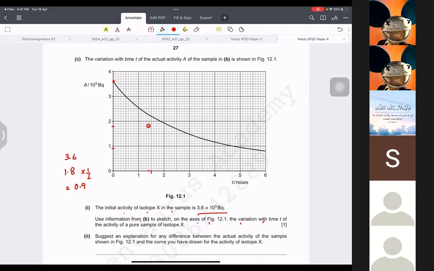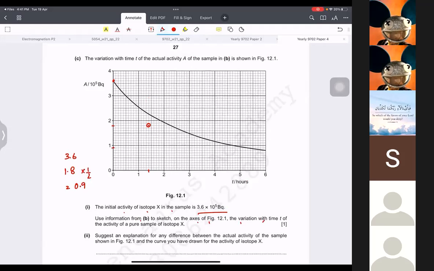And after that, 1.4 plus 1.4 is 2.8 here. Then 0.45 will be right here.